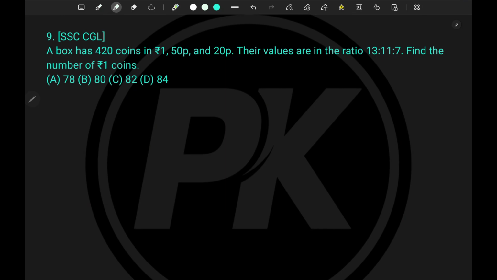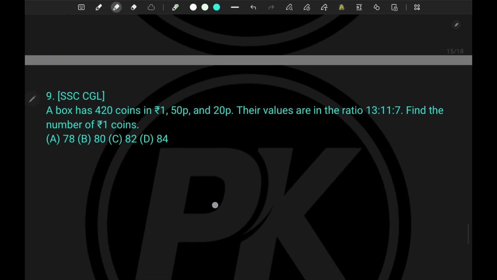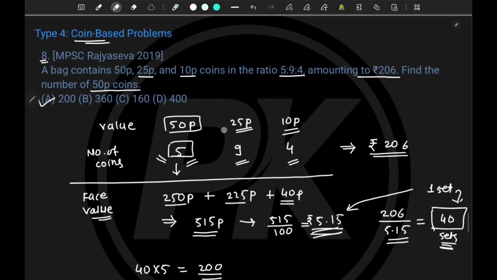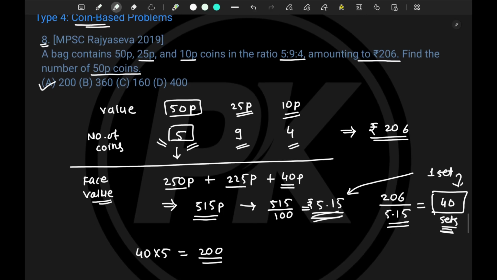This problem was asked in SSC CGL, so this is a very interesting problem. Compared to our previous problem, this is kind of inverse. In the previous problem, they had given a bag containing 50 paisa, 25 paisa, 10 paisa coins, and the ratio of the number of coins and the total amount was given.